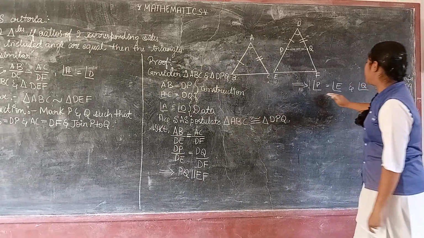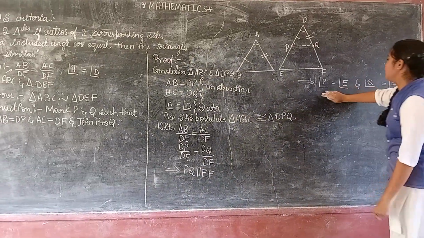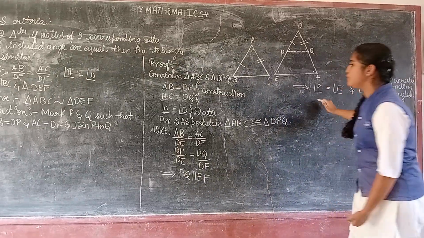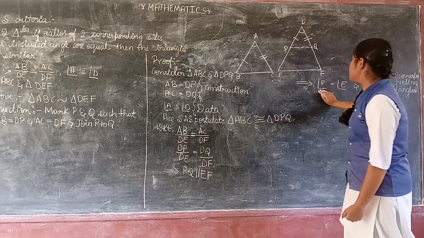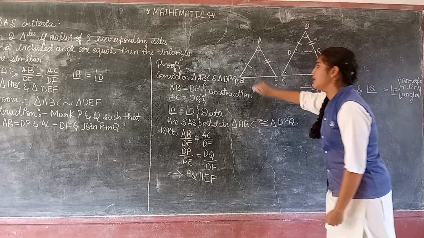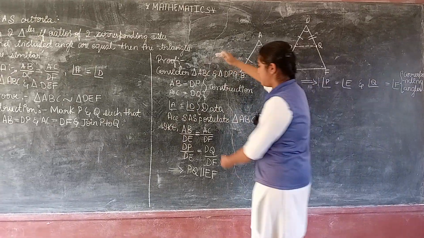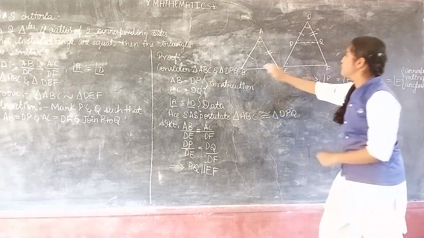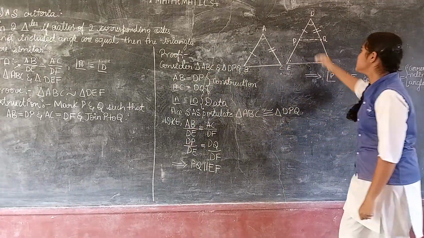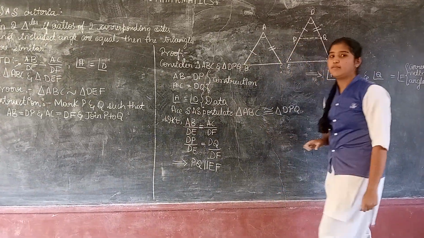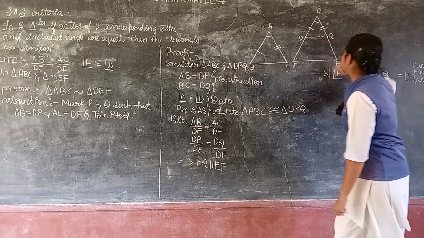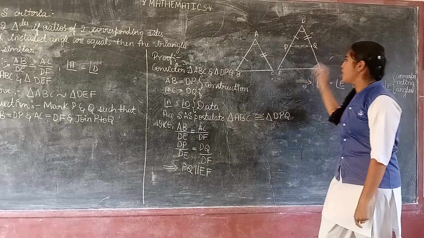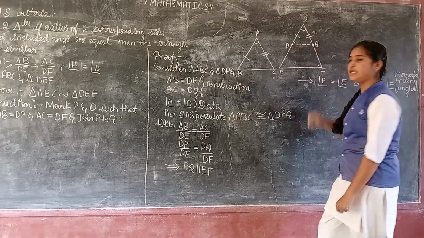So we understood that angle P is equal to angle E and angle Q is equal to angle F. Now in place of P we can write B, because before we have proved these two triangles are congruent. This means angle B and angle P will be corresponding angles, and angle C and angle Q will be corresponding angles. And we know if two triangles are congruent, then the corresponding angles will be equal.